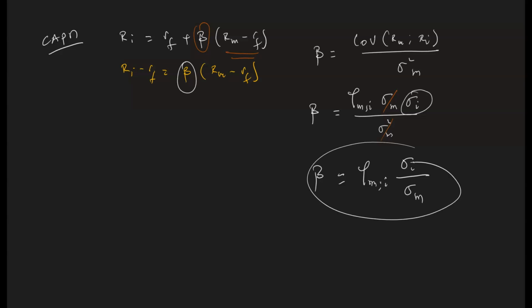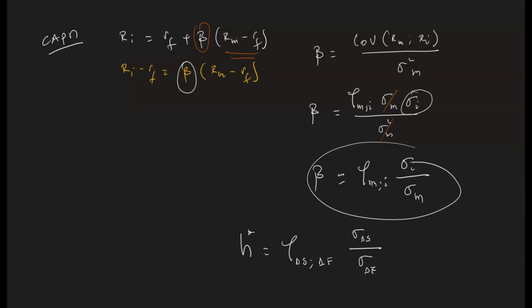Now, this looks very much like the hedge ratio. That hedge ratio is equal to the correlation between the change in the spot and the change in the futures, multiplied by the standard deviation of a change in the spot, divided by the standard deviation of a change in the futures.